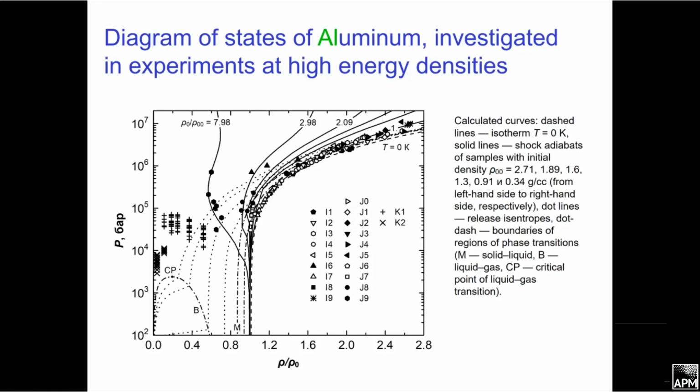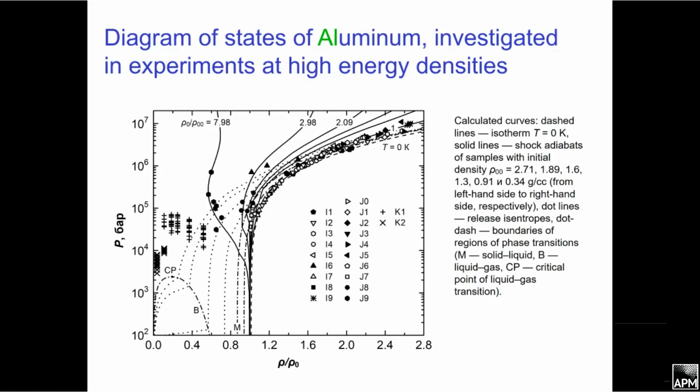Here you can see a diagram of states of aluminum. This material is widely investigated in experiments at high pressures and over a wide range of densities. Here you can see lines; these are calculated shock adiabats.